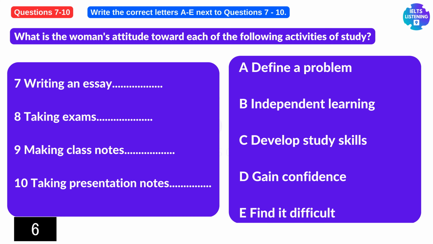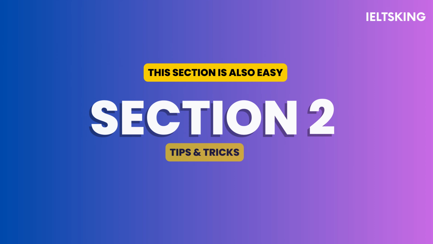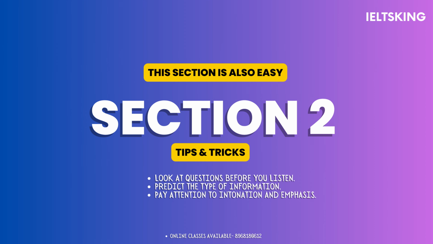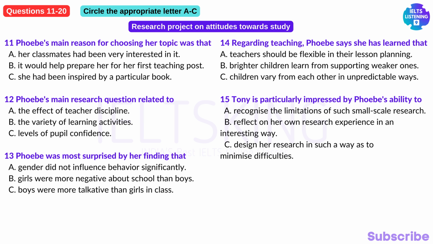Now turn to section 2. Section 2. You will hear a woman called Phoebe, who is training to be a teacher, talking to her tutor called Tony about research she has done in a school. First, you have some time to look at questions 11 to 15.